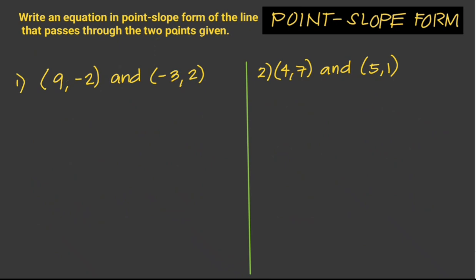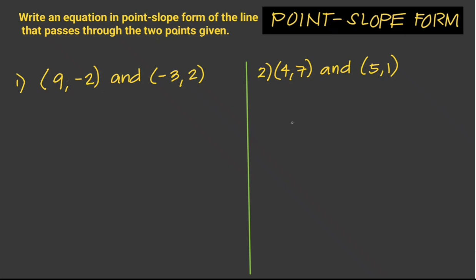Now let's solve another problem. Write an equation in point slope form of the line that passes through the points given. As what I mentioned a while ago, if we're given 2 points, then we have to solve for the slope first before writing an equation in point slope form.